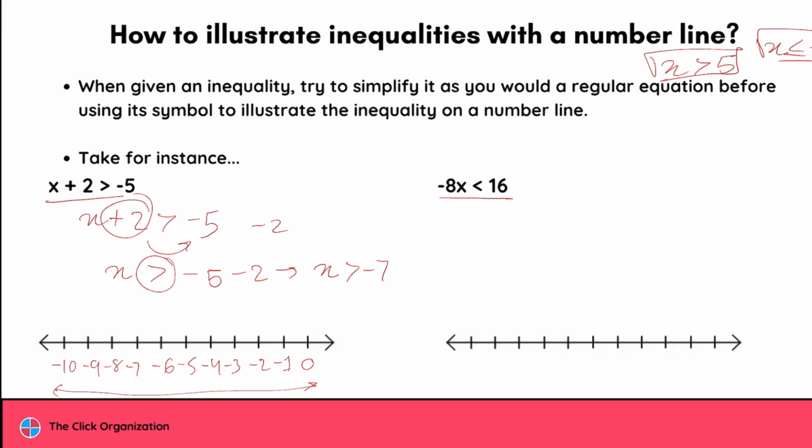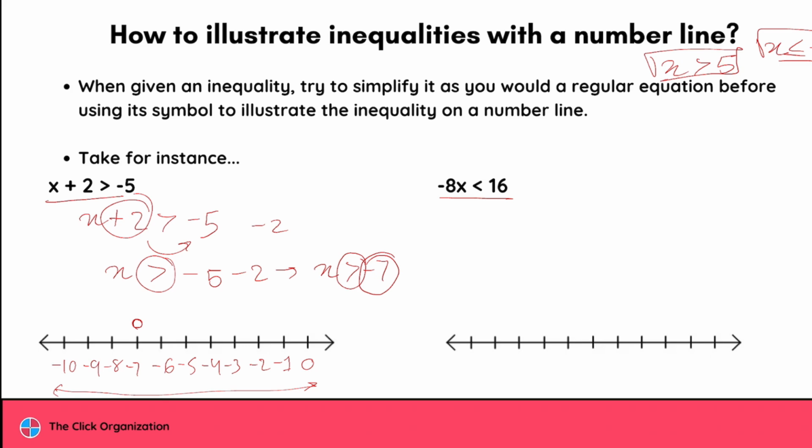Right now, let's look at the number we have first. We have the number -7 over here. That means we need to draw a dot over -7. I'm going to keep that dot empty for now, because as you can see, this is not an equal to symbol. This is just a greater than symbol.